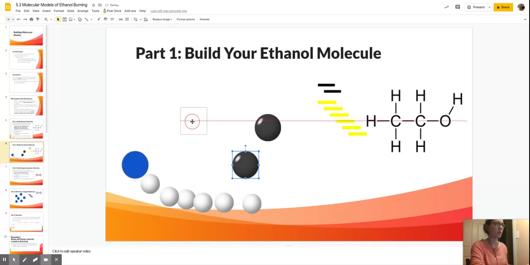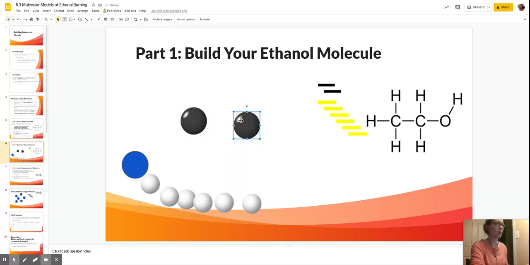I'm going to put one carbon here, and then since it's a carbon-carbon bond, I'm going to drag one of my yellow lines over, because anytime two carbons are bonded together, that is going to be a high energy bond. That's sometimes hard for kids to understand: the matter is the atoms, and the energy is separate but stored in the bonds that hold our atoms together.